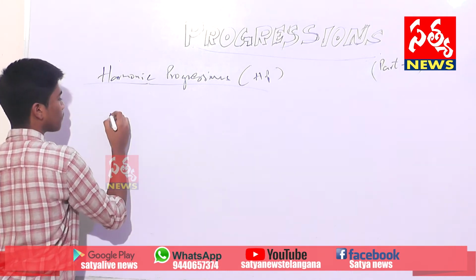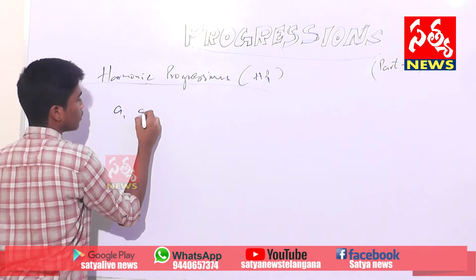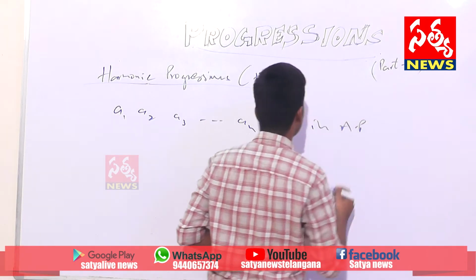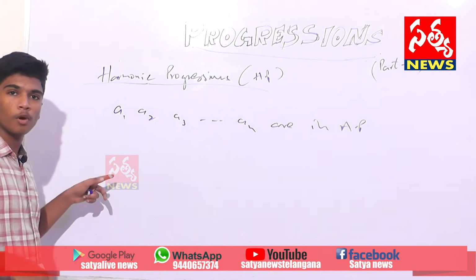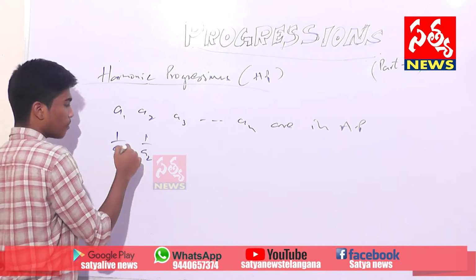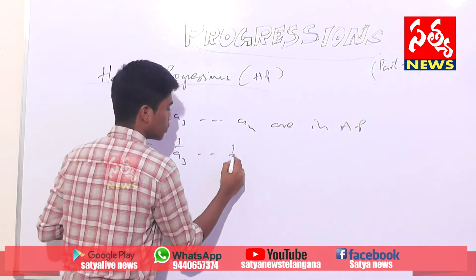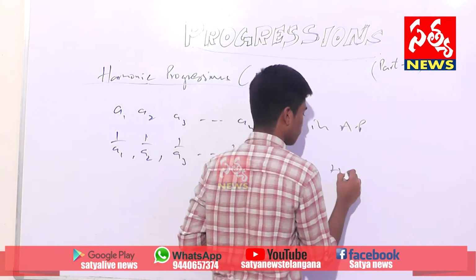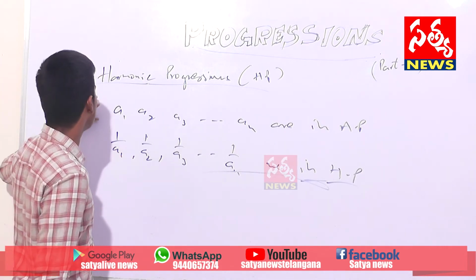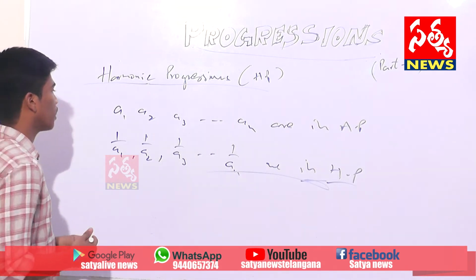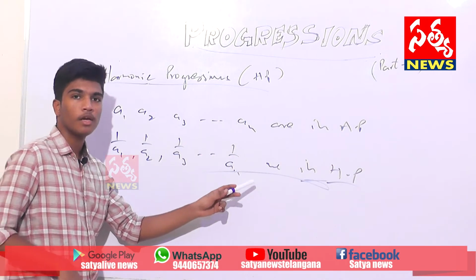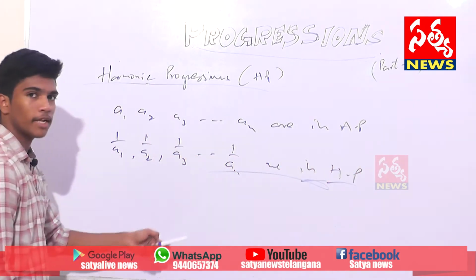See how I will say it: if A1, A2, A3, and so on, An are in AP, then the series of every term's reciprocal, like 1 by A1, 1 by A2, 1 by A3, and so on, 1 by An, are in HP. Okay, this is the only one we have to remember. If A1, A2, A3 are in AP, then 1 by A1, 1 by A2, 1 by A3, and so on, 1 by An will be in HP, right?